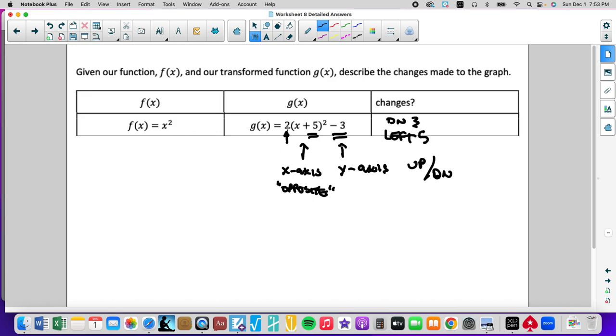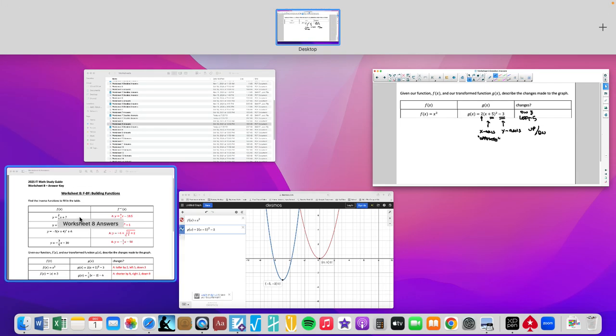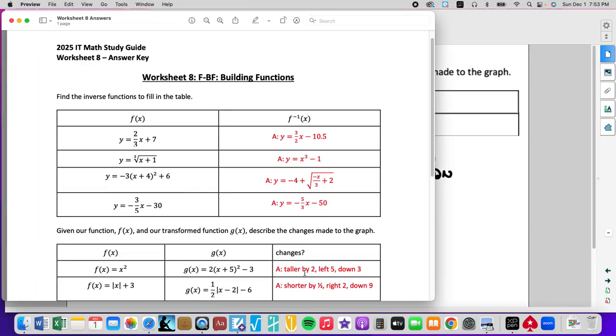And now this number out here, well, we don't want to call it a shrink or expand, but it does change its narrowness. It's going to make it steeper. I think it's called a vertical... Let's look at the answer key. I think it's called a vertical shift. What is it? Taller by 2, left by 5, down.